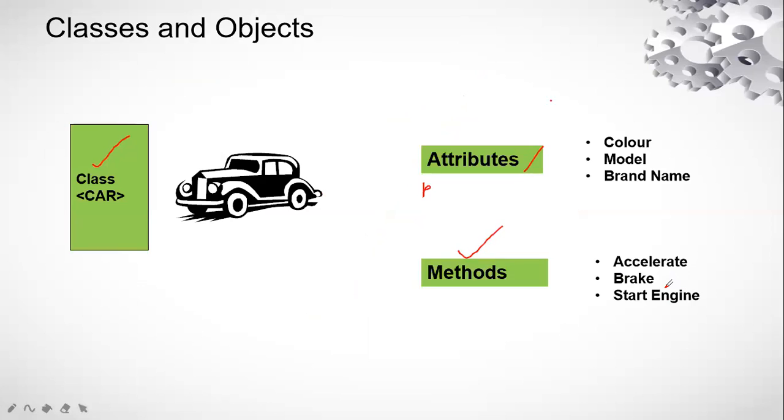And these methods are also called functions. So I hope you have all understood what is class, what is an object, what is attribute, what is property, methods, or function. Fine.